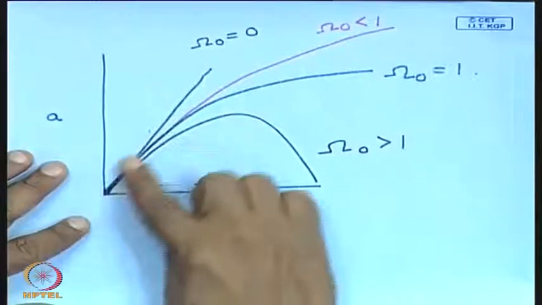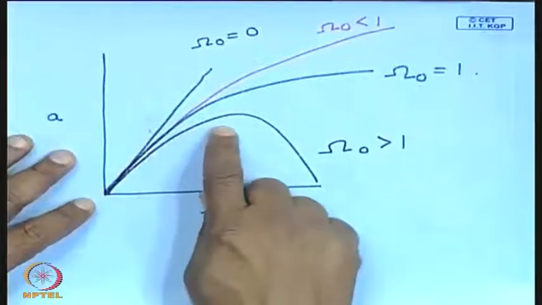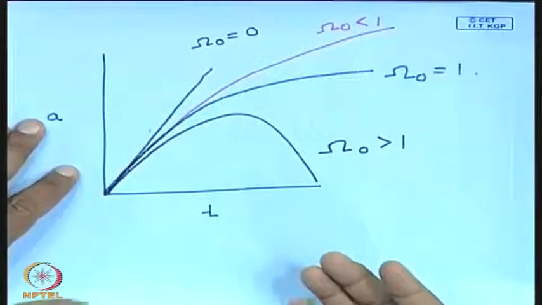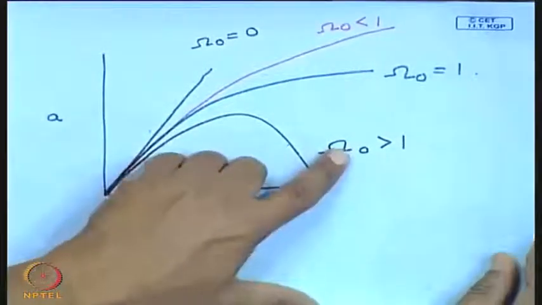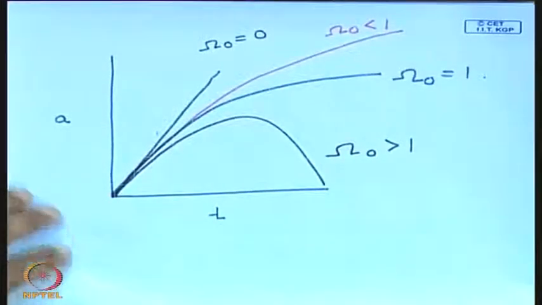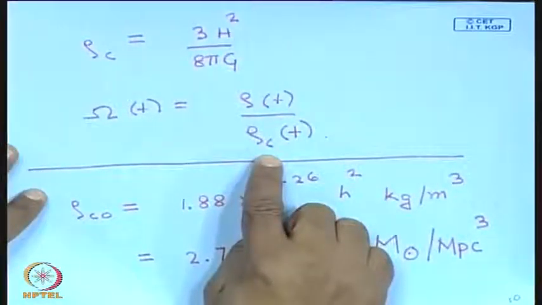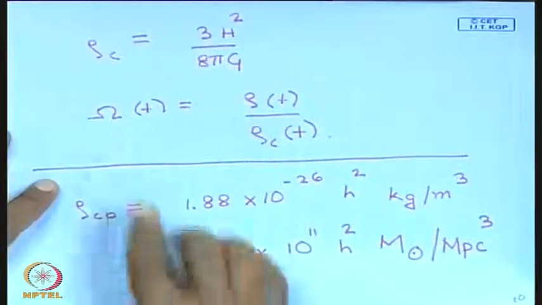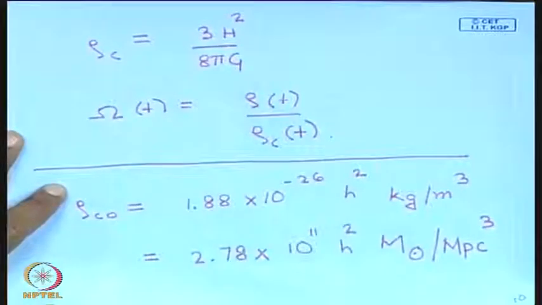We would like to know the fate of our universe, and the past evolution of our universe. After all, in cosmology we would like to study the whole universe, determine its past evolution, its future, etc. So this is determined by the density parameter, which I have told you is the ratio of the actual density to the critical density. The critical density is known. The main problem lies in determining the actual density of the universe.